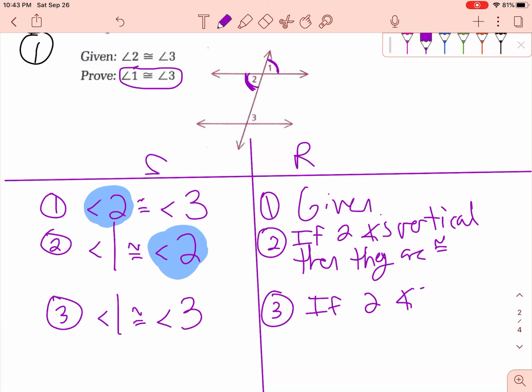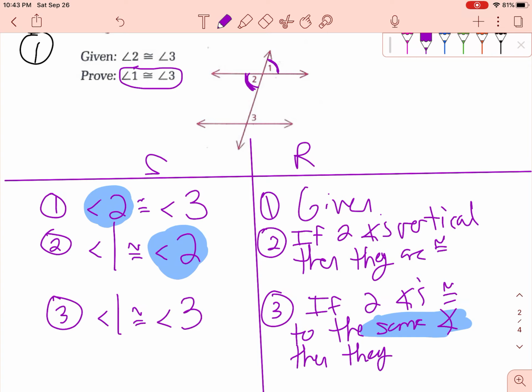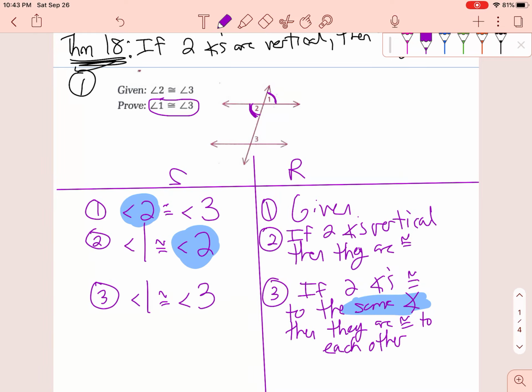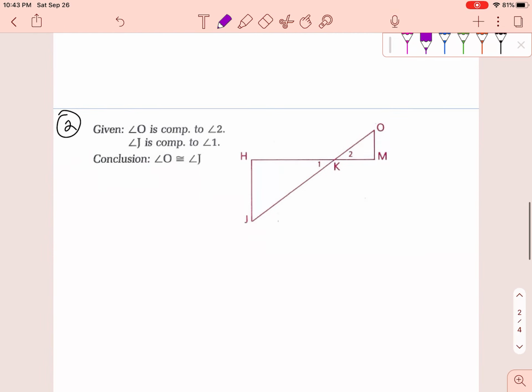If two angles are congruent to the same angle, right here, that's the same angle, then they are congruent to each other. That is the transitive property working right there. Okay, so first we use vertical angles, then we use the transitive property.